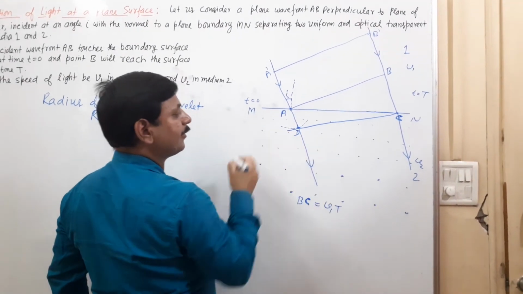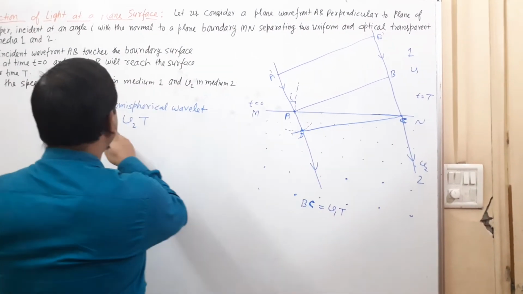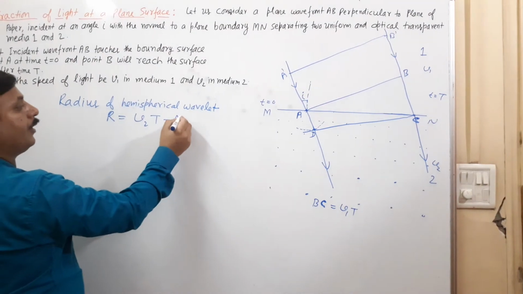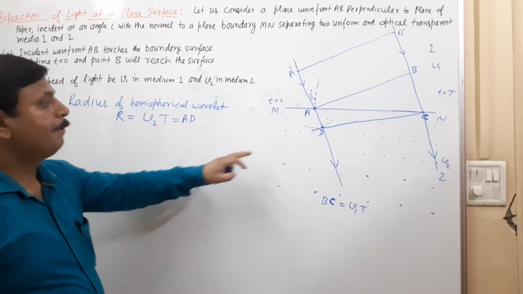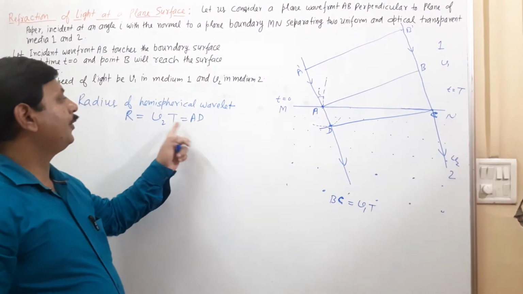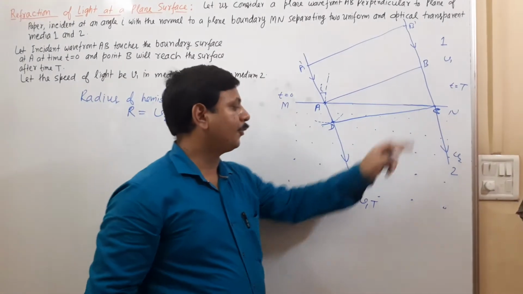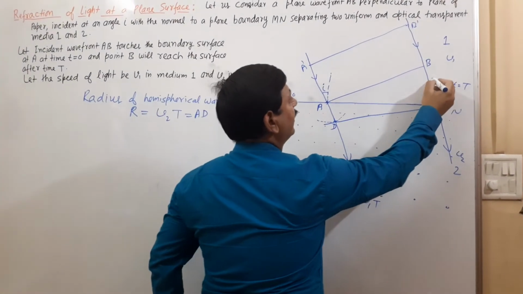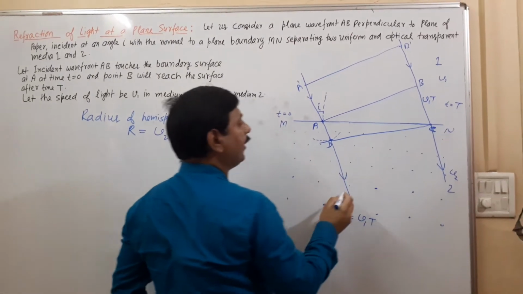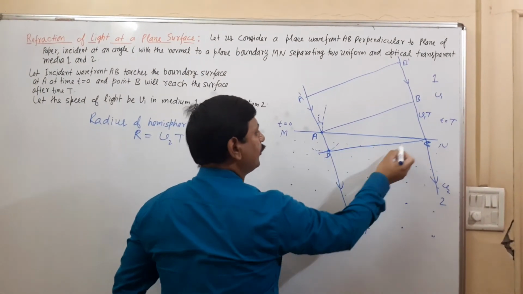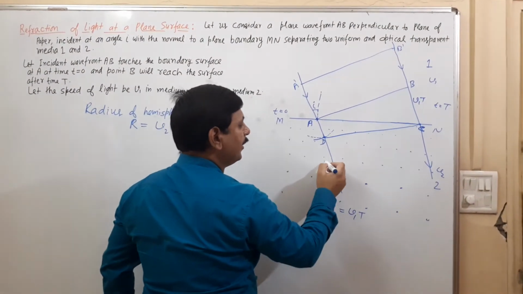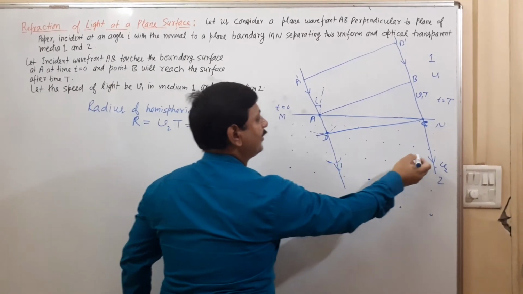This point I have taken as D. So this length AD is equal to V2t. See here, AD is equal to V2t, and BC, I have found, is equal to V1t, perpendicular to CD. Again they will form new wavelets.